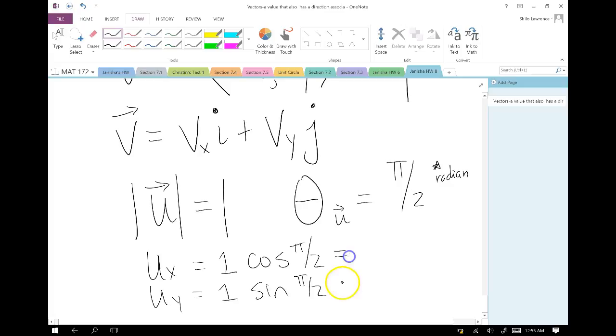And we want to simplify those. Cosine of pi over 2 is 0. 1 times 0 is 0. Sine of pi over 2 is 1. 1 times 1 is 1. So we can use that information, magnitude is 1, angle is pi over 2, to find those components. Once we know the components, we just need to take them and stick them into these spots.